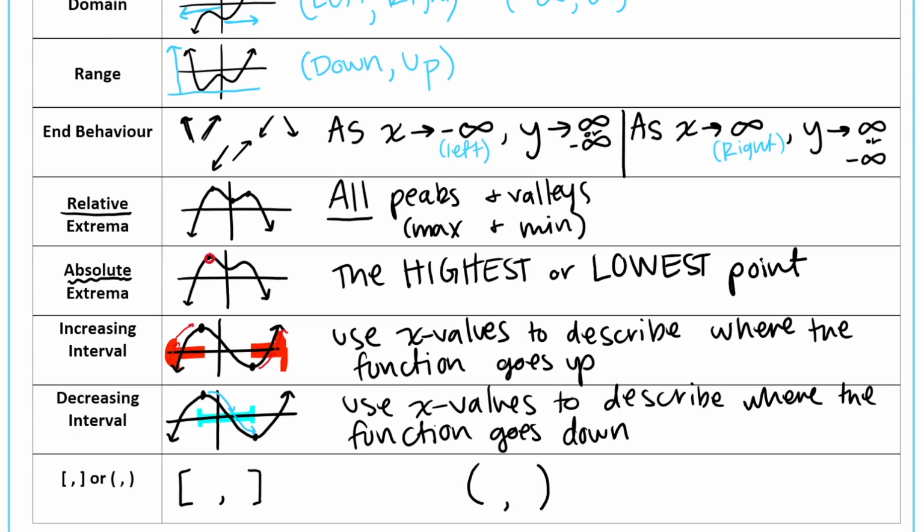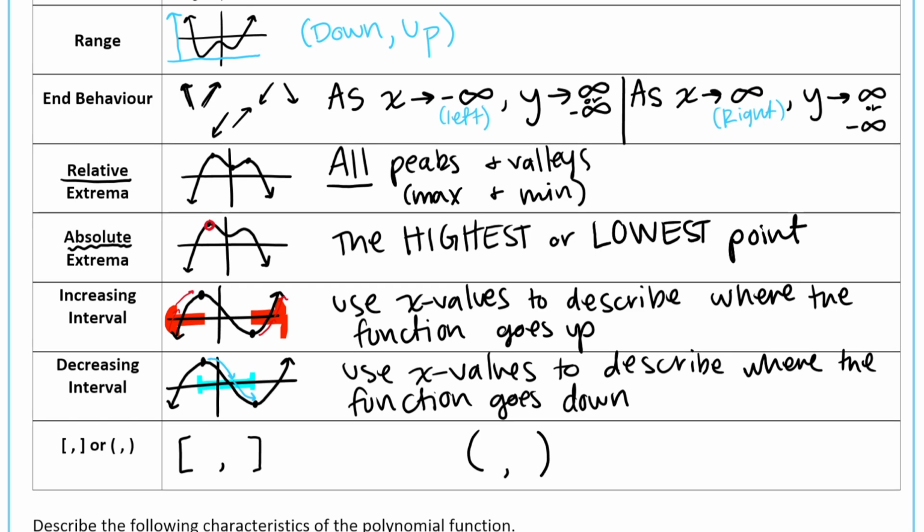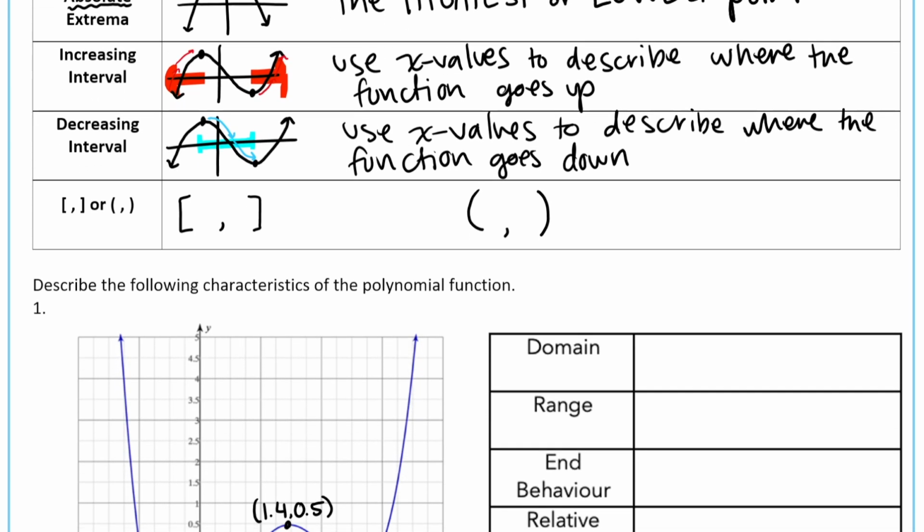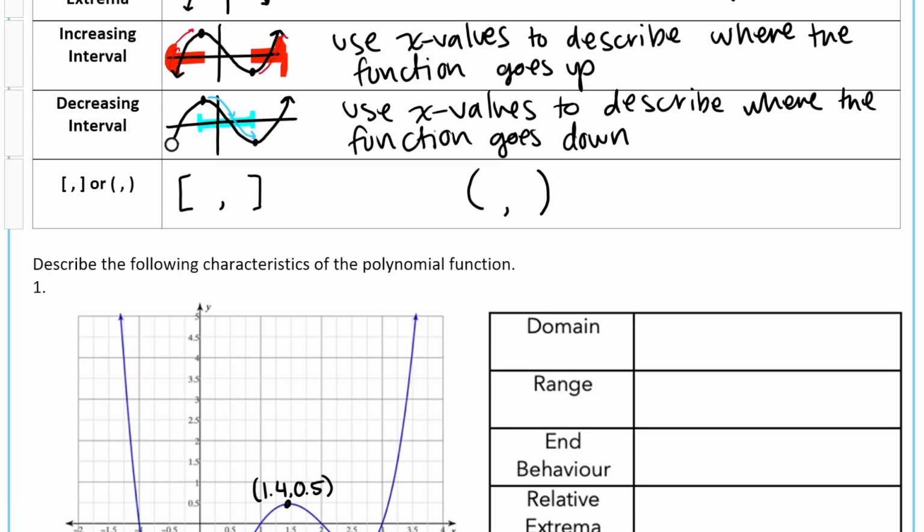Okay, one more thing to cover: parentheses or brackets. We'll practice using these, but typically brackets include the value, meaning it's possible for your graph to include that point, it touches that point.